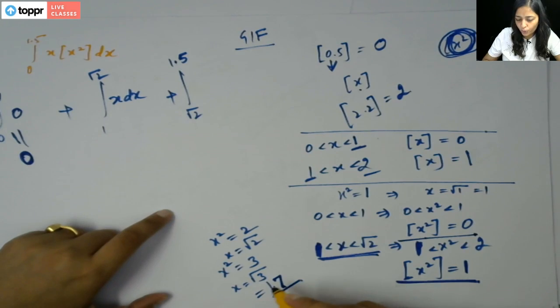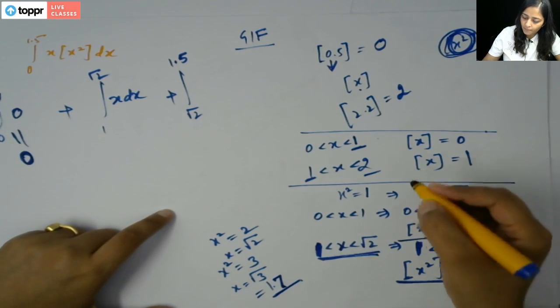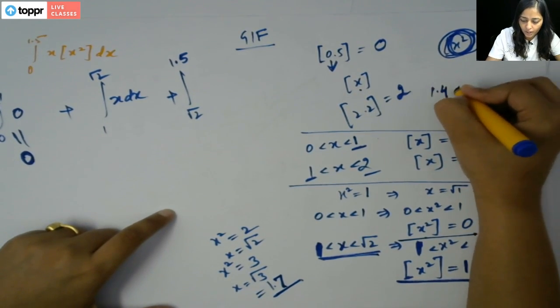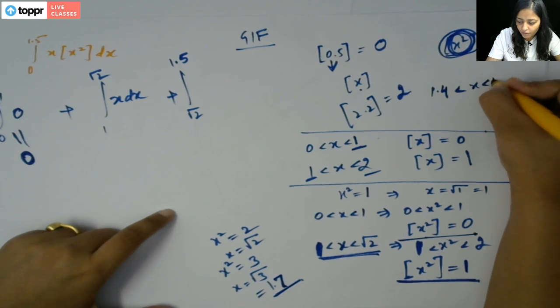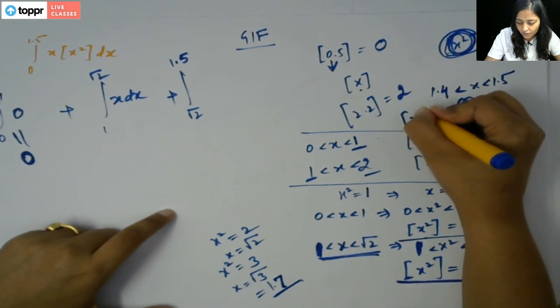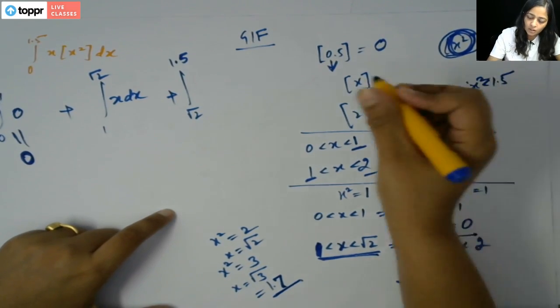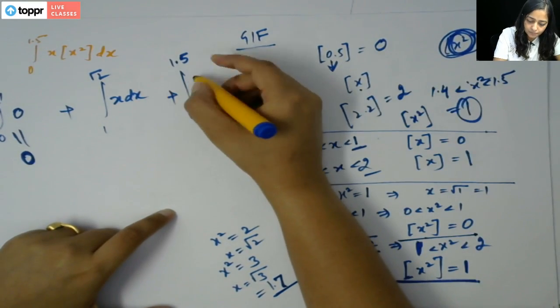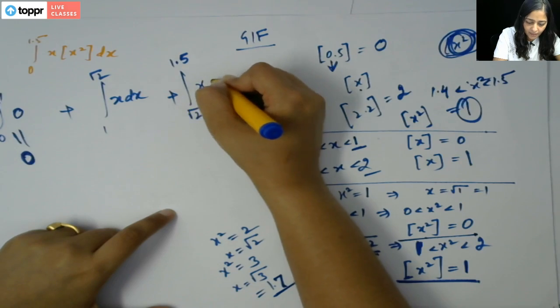And from root 2 to 1.5, root 2 is 1.4 and till 1.5, the greatest integer of x² would also be 1. So it would be 1, same x dx.